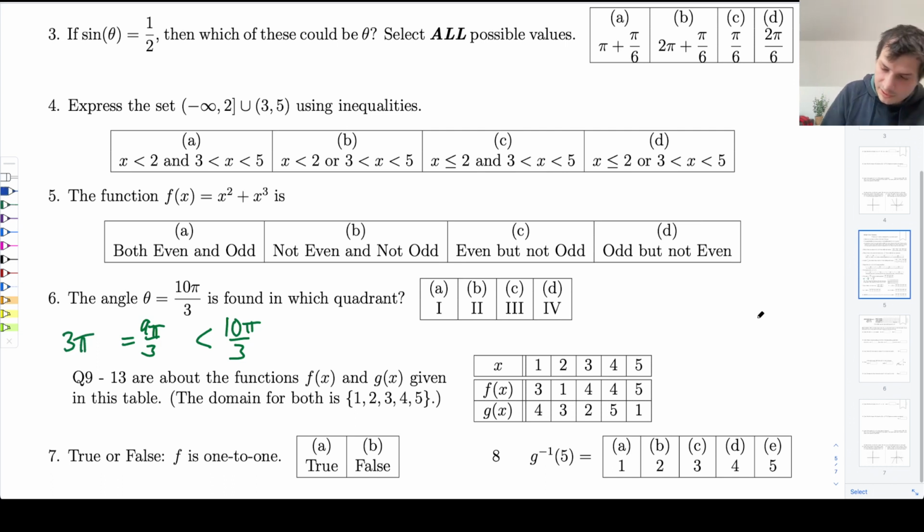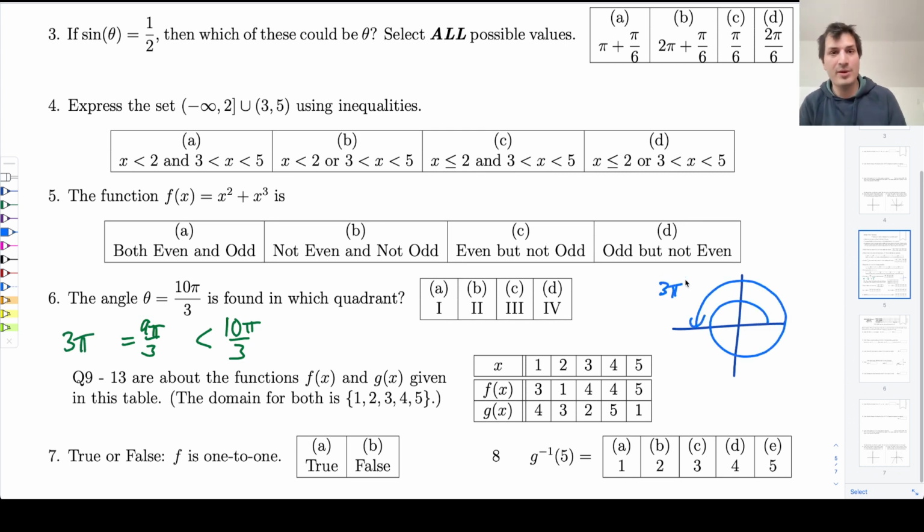If you draw the whole thing going all the way around, it's a little bit more than 3 pi. And therefore it is in quadrant 3. So the correct answer on the other version of the exam was quadrant 3. And once again, many ways you could do this problem. This question was pretty well done.